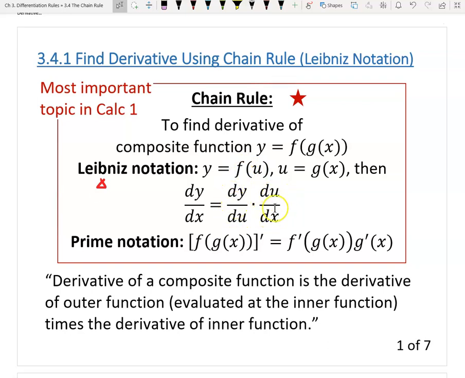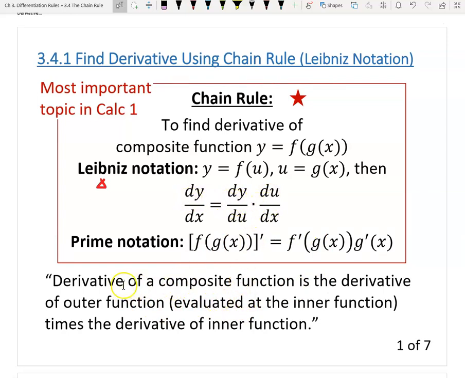How about the second derivative, du/dx? Can you see u of x here? So du/dx is g taking a derivative, which means the inner function taking a derivative. The second part is the derivative of the inner, and the first part is the derivative of the outer. This is the most important part, and the pattern is easy.